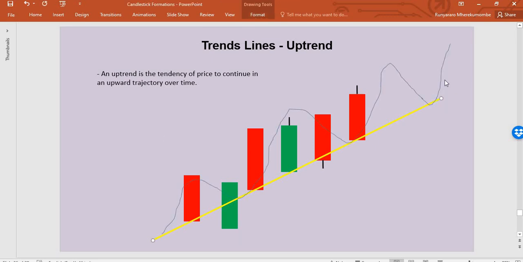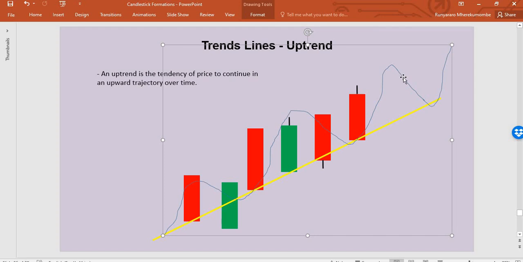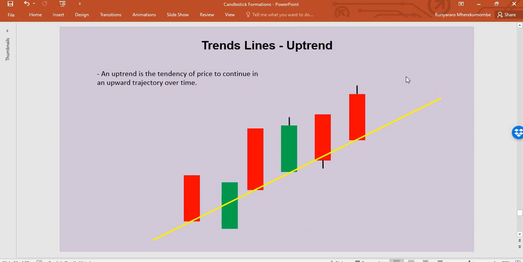If I stretch this line going ahead, it should show me where I expect the price to fall and begin to rise again when it meets the trend line. So this is what we would expect when we draw trend lines on a chart, and this is what I would expect to see for an uptrend.